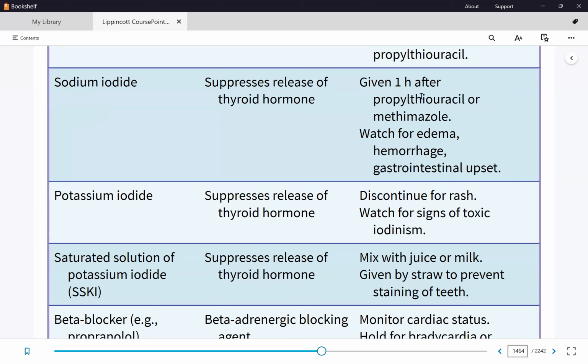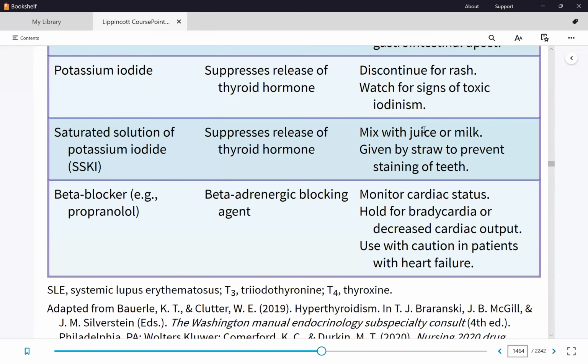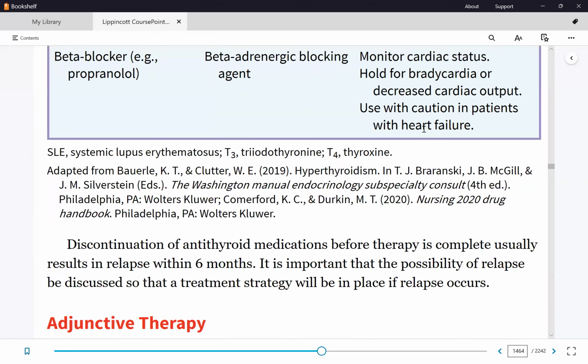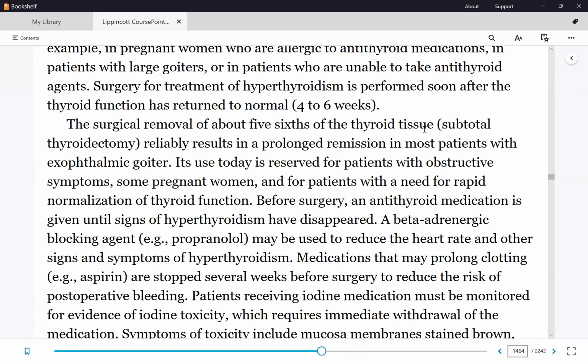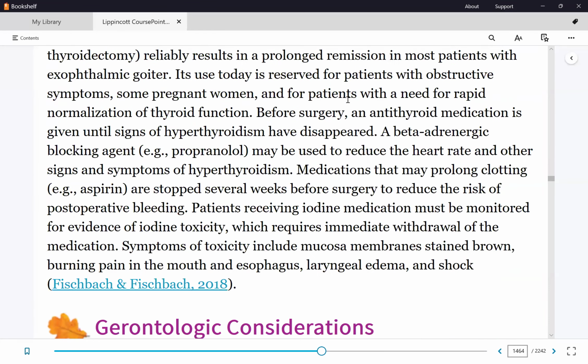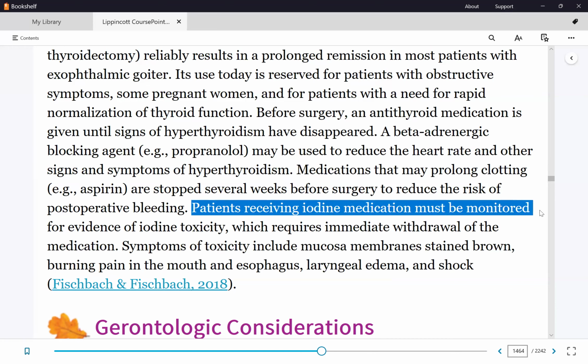It will decrease, so the gland will get smaller and smaller. Once it's close to normal size, then the patient will be scheduled for surgery and they will not die of bleeding. Are we clear? So this is how we prepare: iodine solutions, and we'll treat them with propranolol, the beta blocker. So here, the iodine medication will be given.